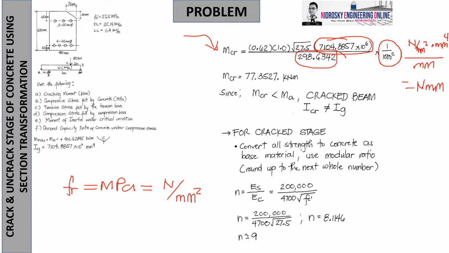My desired unit is kilonewton-meter, so I convert it: 1,000 for Newton to kilonewton and 1,000 for millimeter to meter. That's why we got the cracking moment of 77.3527 kilonewton-meter, and that satisfies the answer to question letter A. What's the cracking moment in kilonewton-meter?